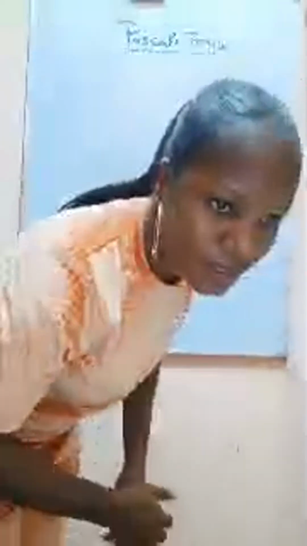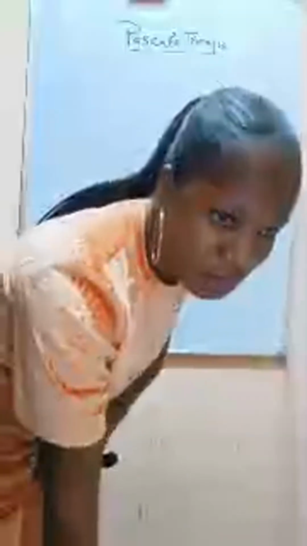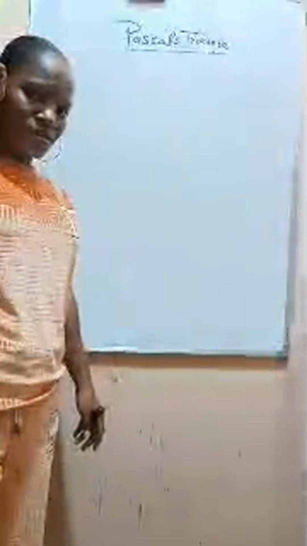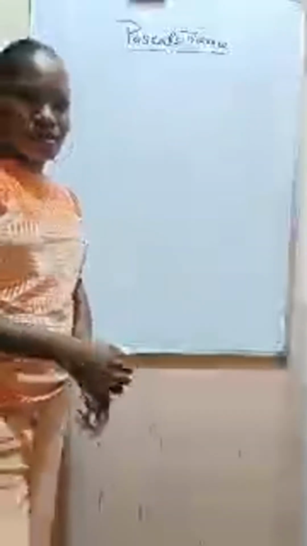All right, let me check your comments. Thank you, Alex. Lawrence, you are welcome. Someone said my camera is not stable. Please let me understand what you mean by that. What actually is wrong?